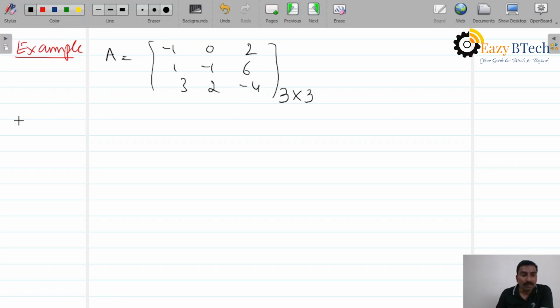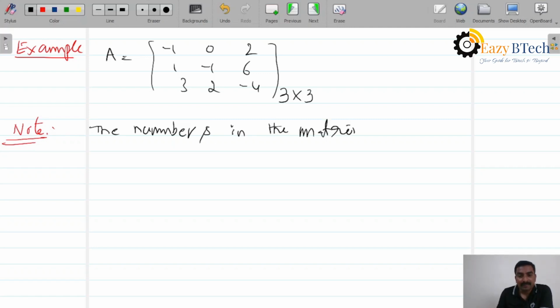Now here is an important note. The numbers in the matrix are denoted by small letters.